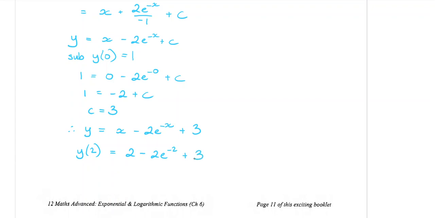We don't want to go to decimals unless we have to, right? So this part's going to stay. But we're just going to go 2 plus 3 is 5. So we'll go 5 minus 2e to the negative 2. So if possible, leave your answers exact unless you need the decimal for something else.